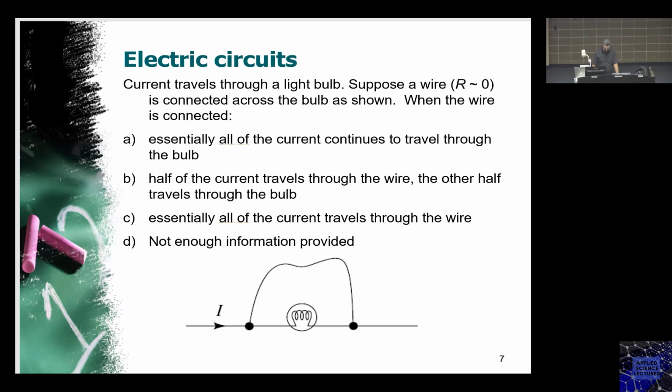Now, if you connect an ideal conductor, an ideal wire across a component, you've shortened out this component. Why? Because the current is going to see two paths here. One path has a resistance, which is going to cost that current, right? Power consumption there, power will be consumed.